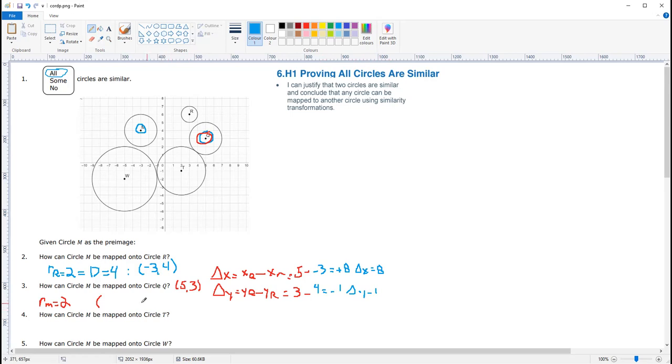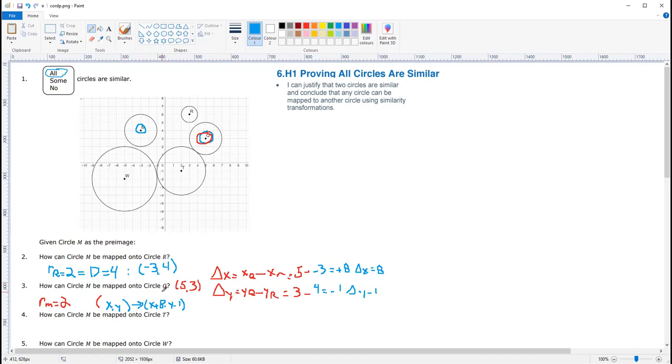So it's going to be translated (x plus 8, y minus 1). There we go.